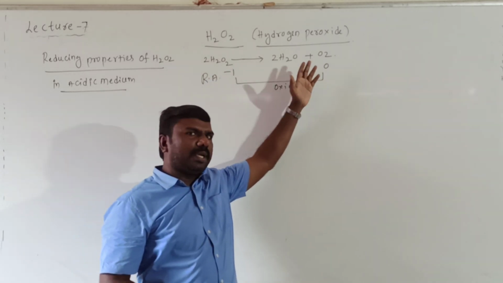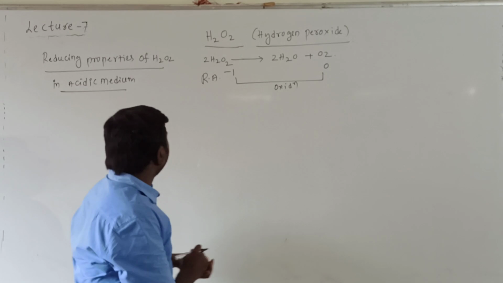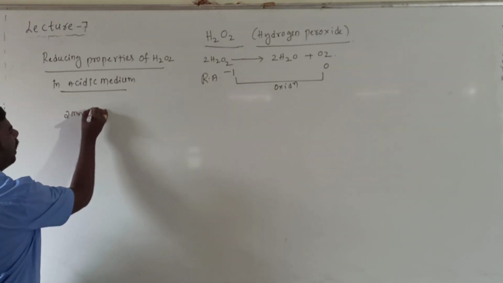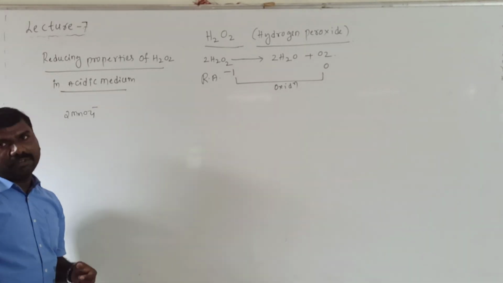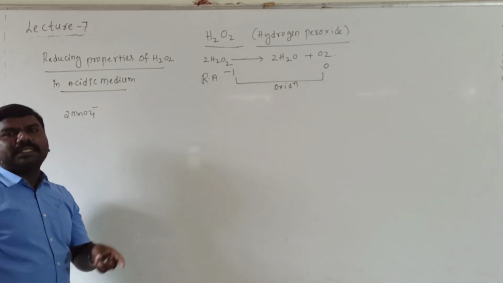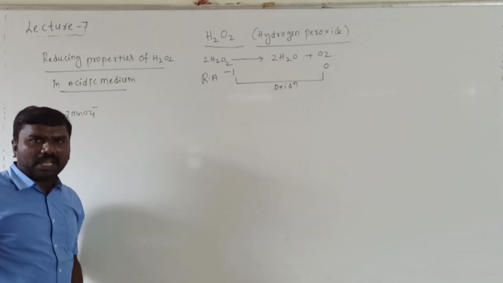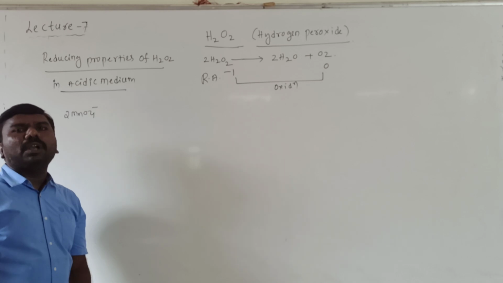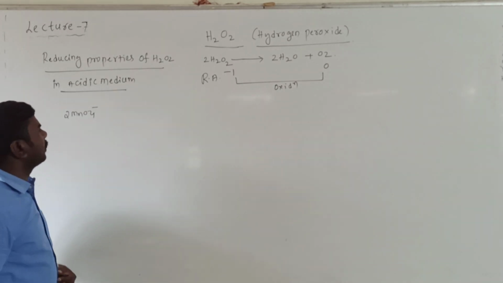H2O2 converted into H2O and O2. Now, in acidic medium, 2MnO4 minus. Remember, I am taking ionic equations. MnO4 minus is nothing but KMnO4. I am not taking K plus, I am taking only MnO4 minus ionic equations.